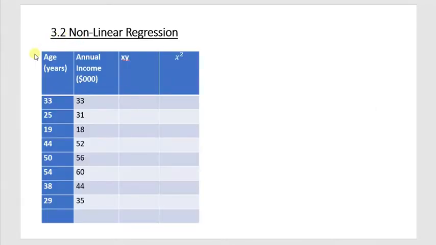It is these points that we're going to graph: 33, 33, 25, 31, and so on. We're going to graph age in years against annual income.